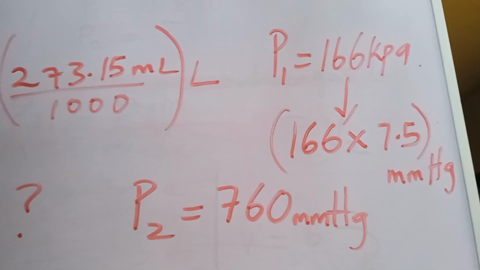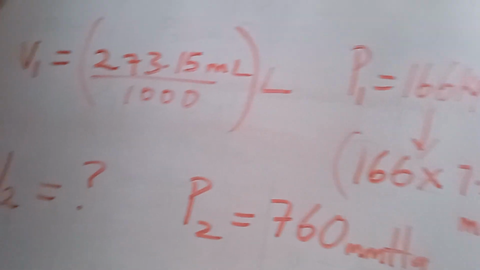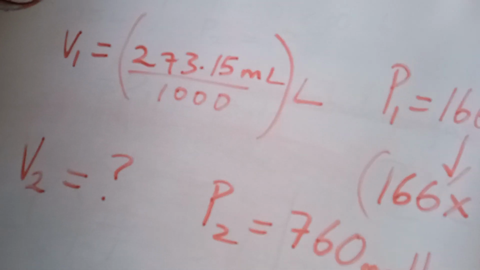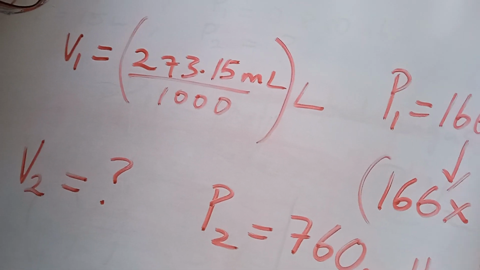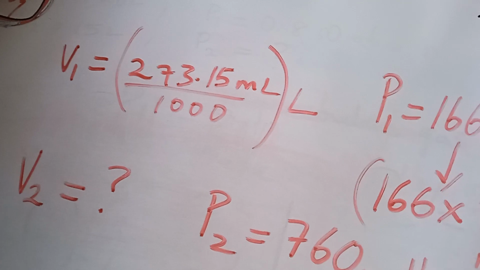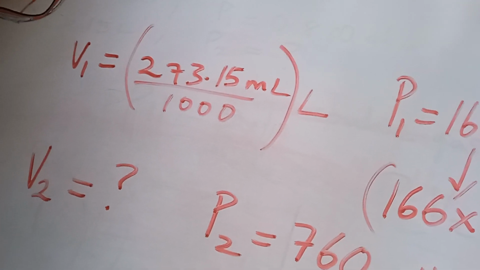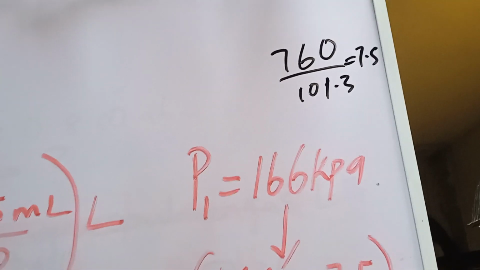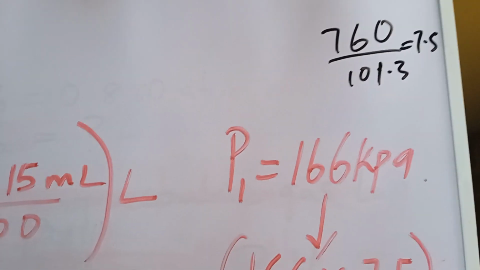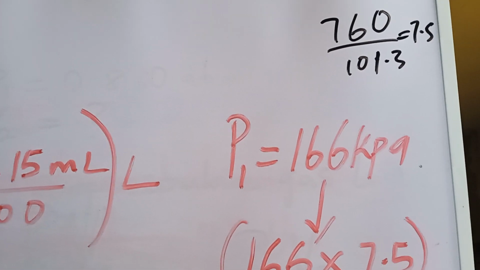So when 101.3 divides 760 millimeter mercury, you have 7.5.